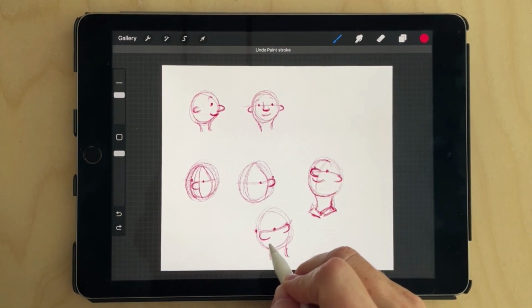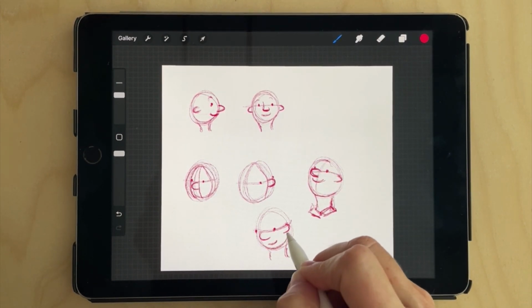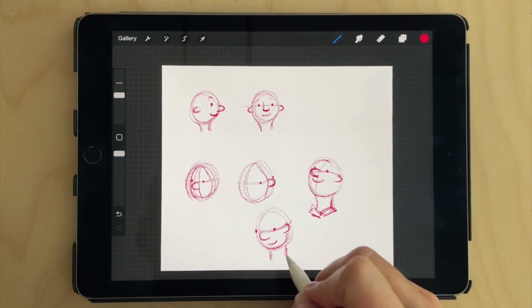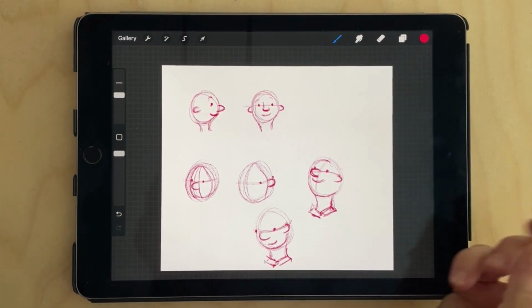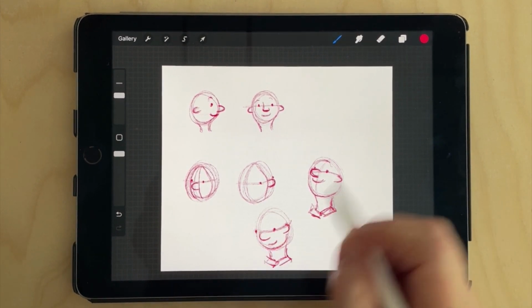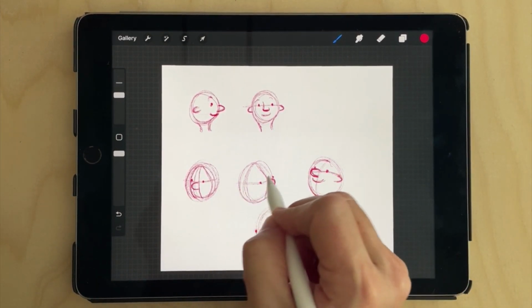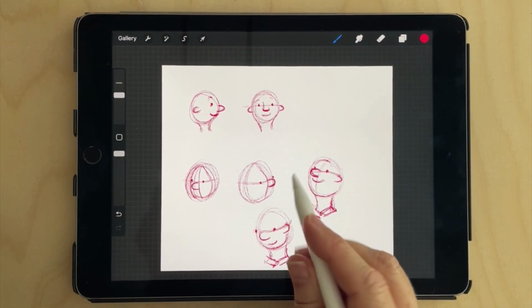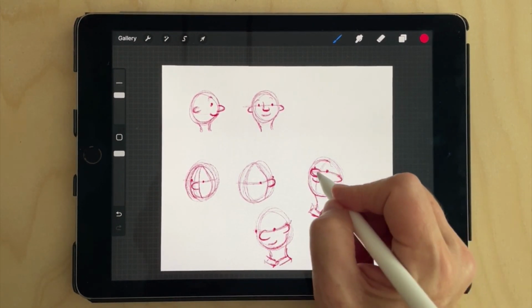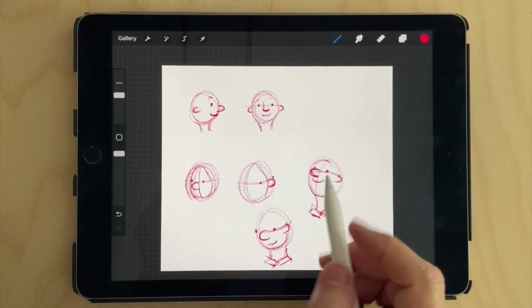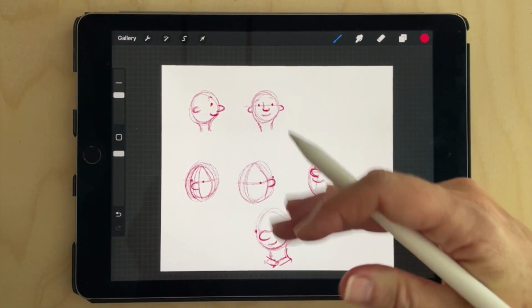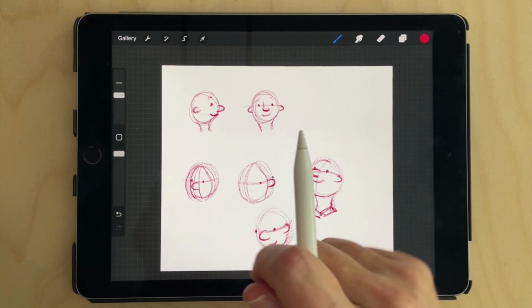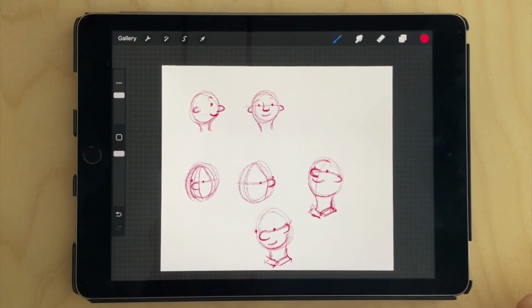Then we've got his mouth closer to the bottom of his face because his chin is tucked in onto his chest, and you end up with that. So you can see if you start playing around with this globe line, the equator line, you can start to get the nose pointing up or pointing down and getting a sense of the head being tipped back with the chin up or tipped forward with the chin down.